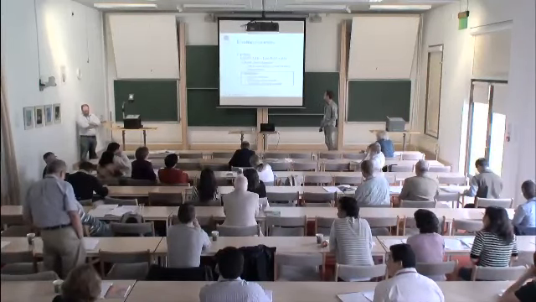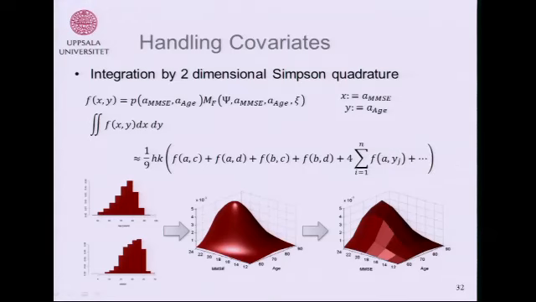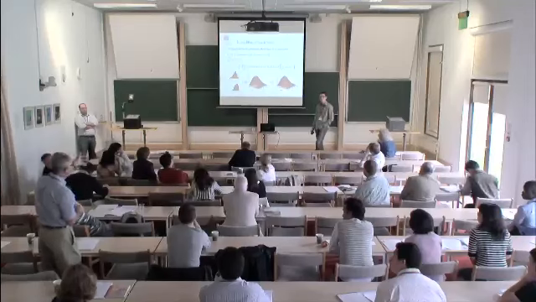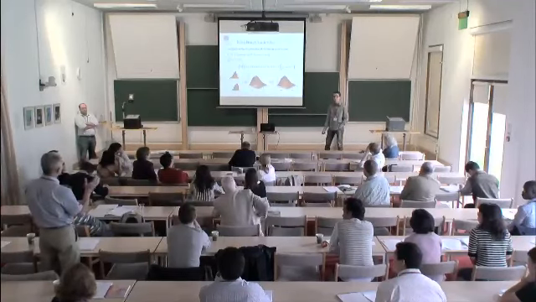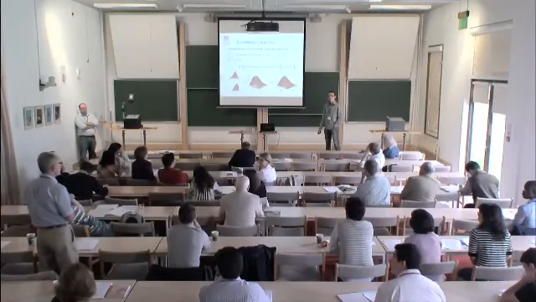And now, if you move a couple of slides here, you see what you are doing. You're doing a two-step procedure. You have an empirical distribution, some two-dimensional histogram, whatever. Then you approximate this empirical distribution with some nice smooth function. And now you do numerical integration, whatever method you use, and in your case, it's Simpson quadrature.